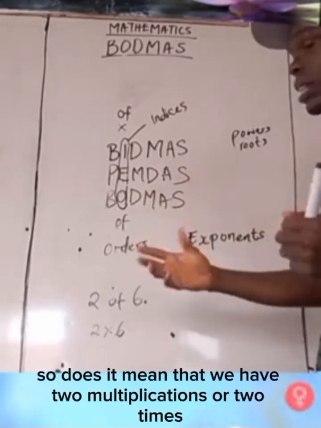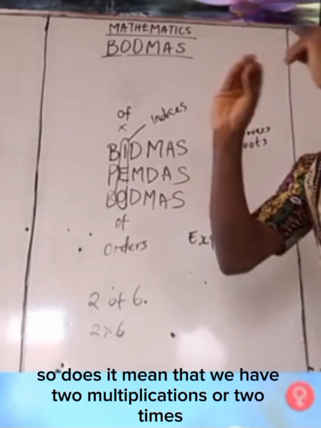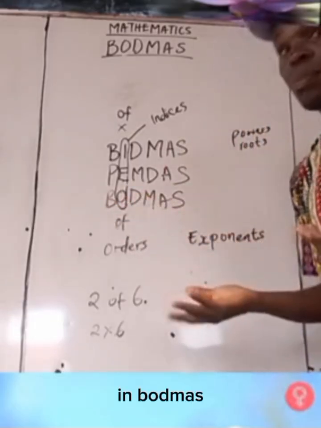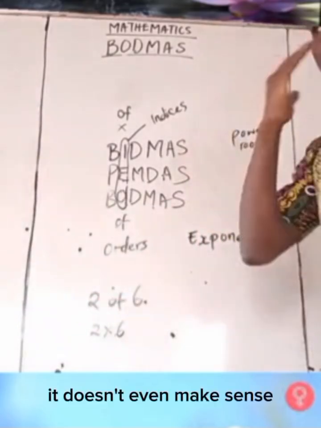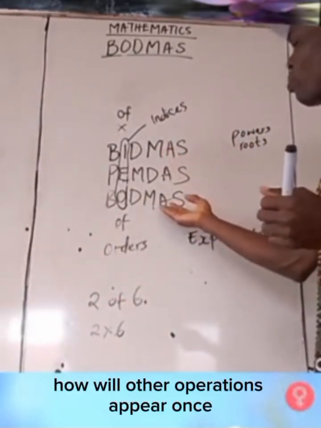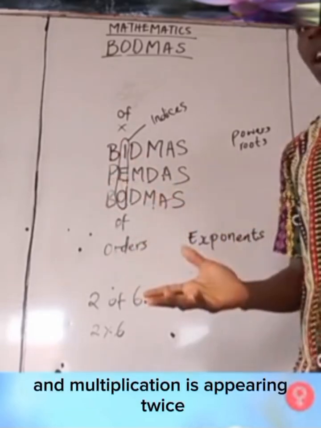So does it mean that we have 2 multiplications in BODMAS? Of course not. It doesn't even make sense. How will other operations appear once and multiplication is appearing twice?